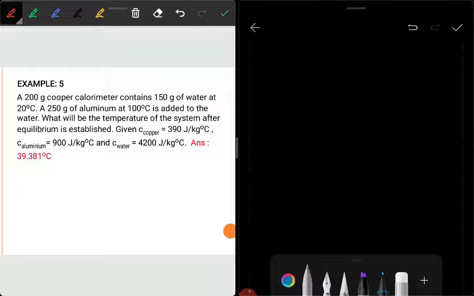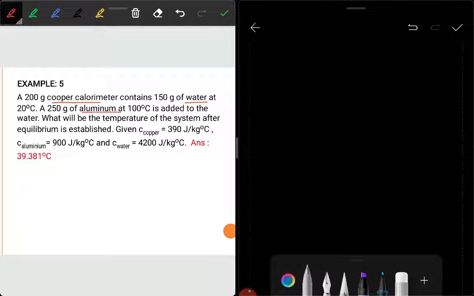A 254 gram of aluminium at 100 Celsius degree is added to the water. What will be the temperature of the system after equilibrium is established? So here you can see there are three substances, which is copper calorimeter, number 1, number 2 is water, and number 3 is aluminium.